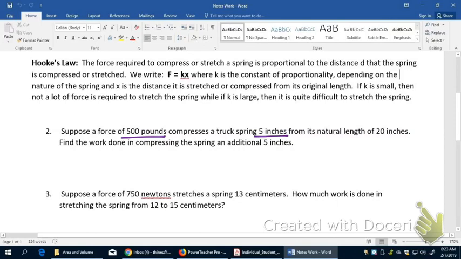All right, we're going to start with F equals kx, and we're going to plug in the 500 and the 5 to find k. 500 is the force. x is the 5. It's the distance. So you get that k is 100.